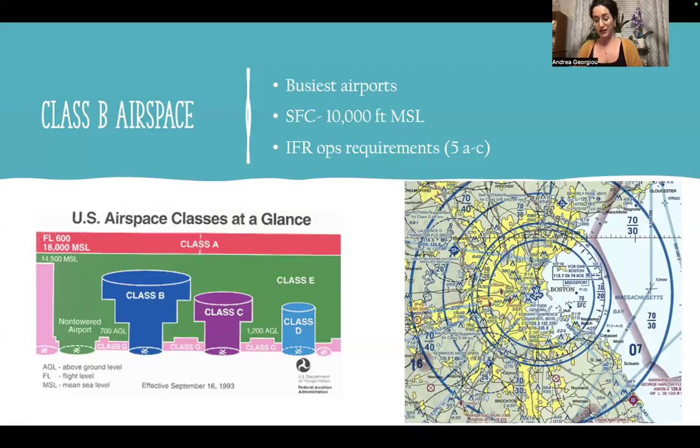Some Class B resembles an upside down wedding cake. And it's designed to contain all the published instrument procedures, like the ILS, once an aircraft enters the airspace. Now, this next part is important. Highlight this. It says an ATC clearance is required for all aircraft to operate in the area.